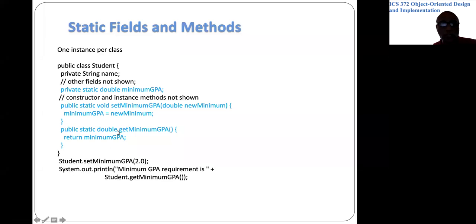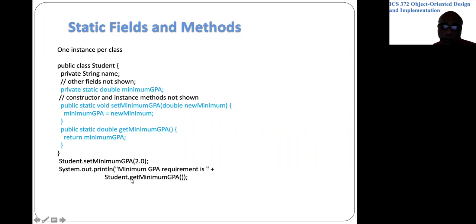So for that, we call this setMinimumGPA, which takes a new minimum value and stores that into this field, minimumGPA. So it is called with the class name dot. It is not the object name, because you don't have to have an object to call this method. So Student.setMinimumGPA(2.0) calls the setMinimumGPA static method of the Student class. Don't use an object here. I don't think it gives you a syntax error, but it conveys the wrong message.